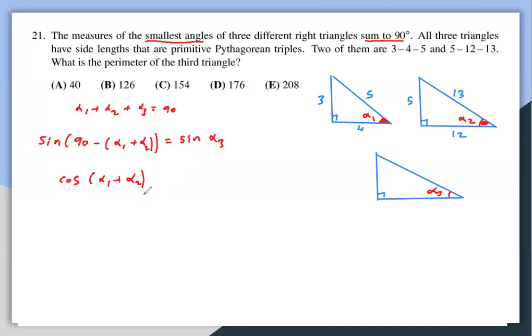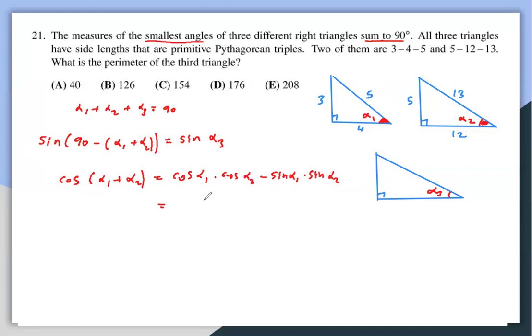Now we can take the angle sum for cosine, which will be equal to the cosine of the first angle times the cosine of the second one, minus the sine of the first one times the sine of the second one. Since I know all these four values from the first two triangles, I can find the cosine value.